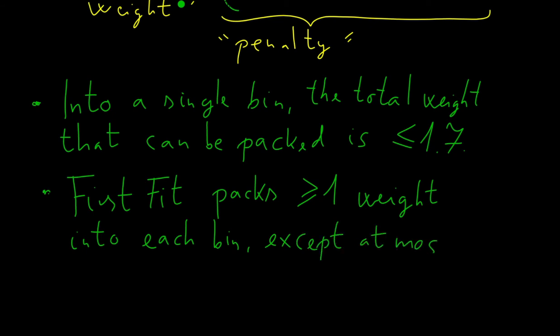So again, this is the statement which the algorithm does. It packs a large weight into almost all the bins, but a constant number of them. It's quite similar to the harmonic.